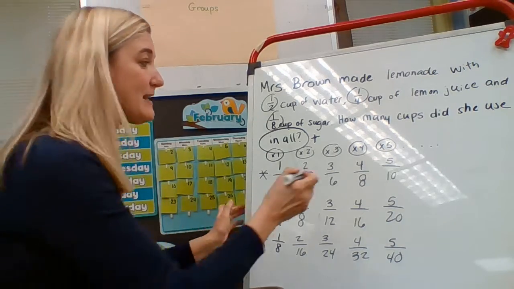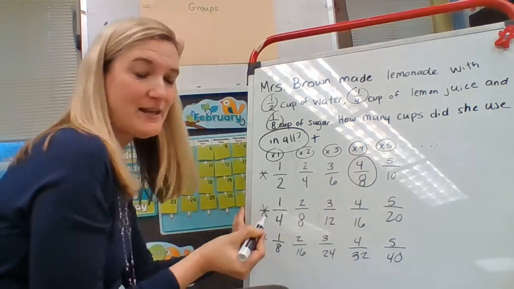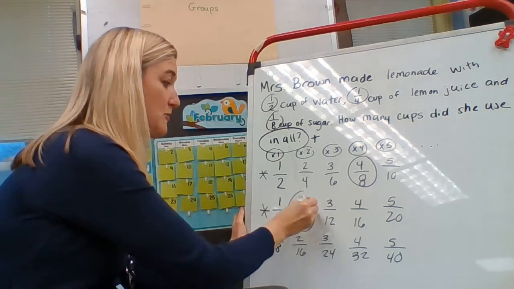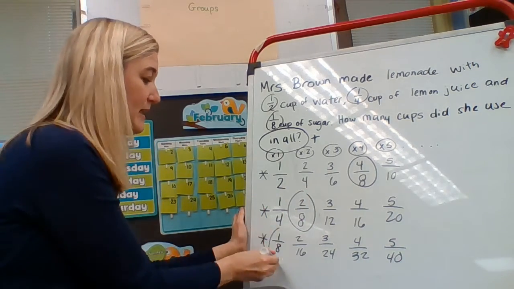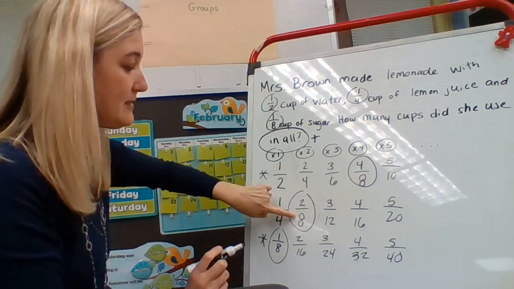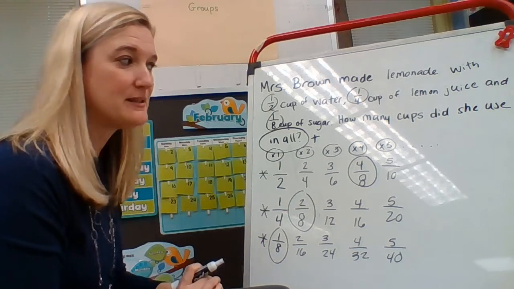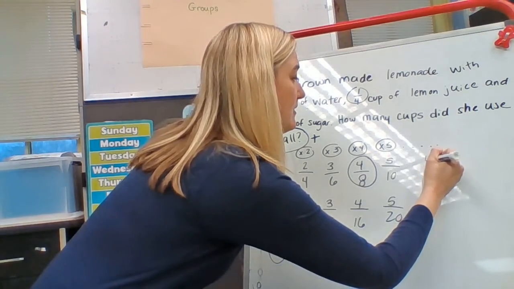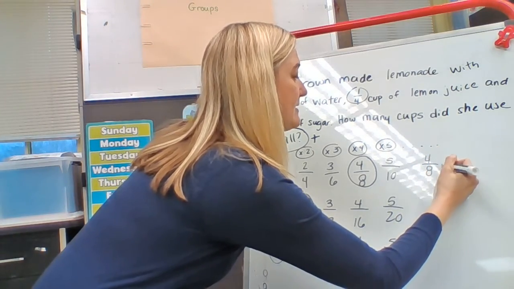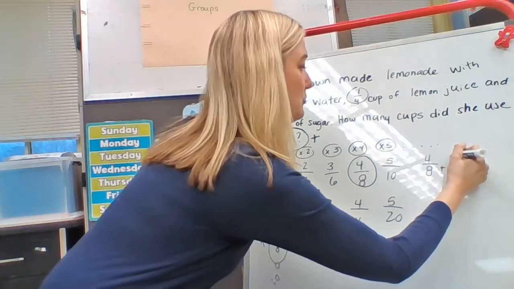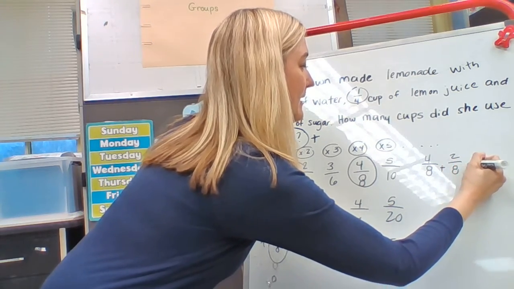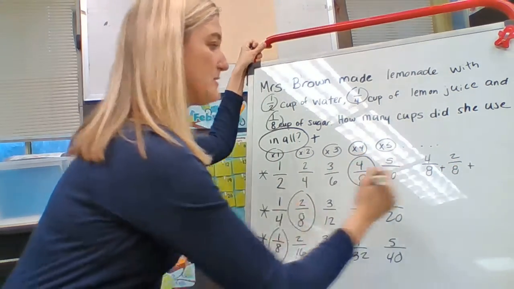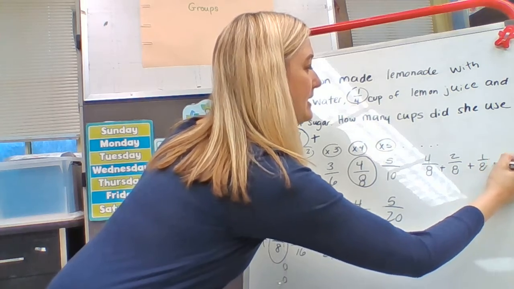Ooh, look what I see. 4/8, 2/8, and 1/8. Do all of these have a common denominator of 8? Well, yes, they do. So I'm going to add it up over here. 4/8 plus 2/8 plus 1/8 equals.